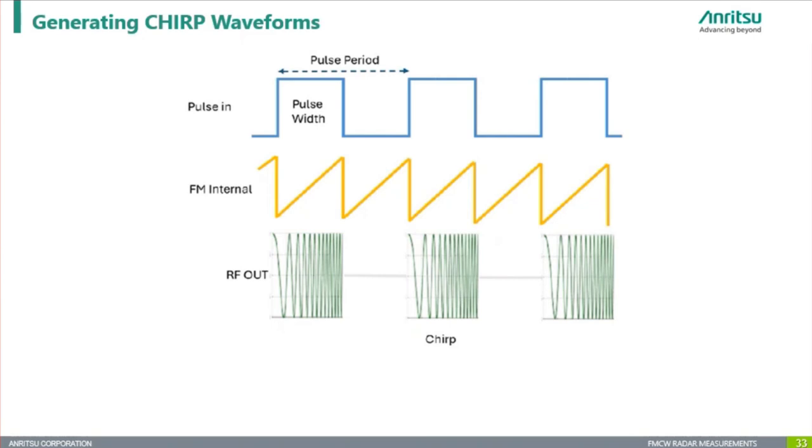By enabling both FM and pulse modulation with synchronized timing, the generator produces a chirp signal, a frequency sweep that occurs during each pulse. This setup ensures precise control over chirp timing and frequency characteristics, ideal for radar signal simulation and testing.